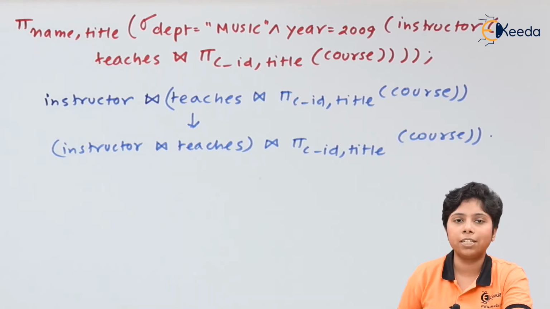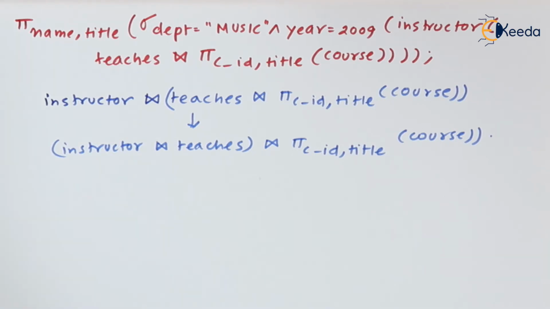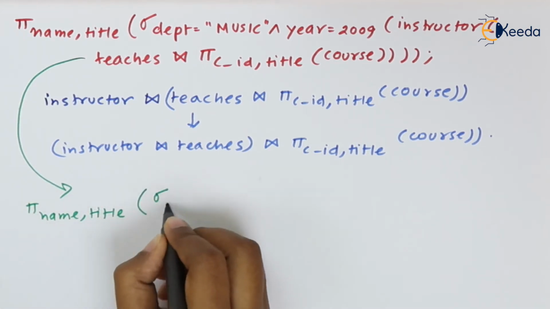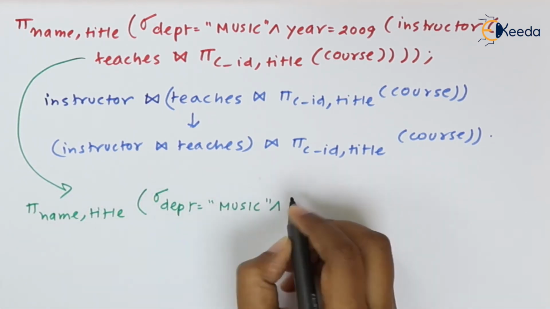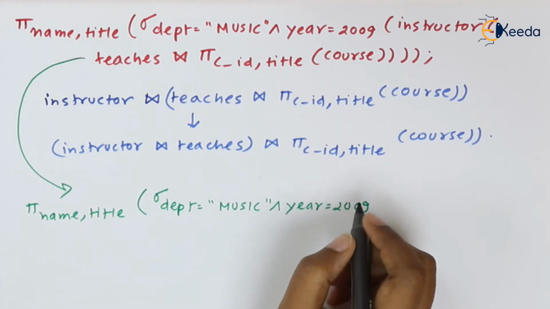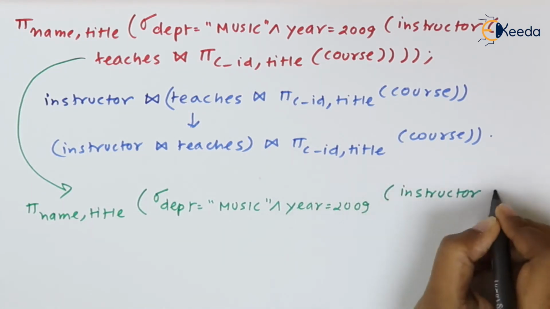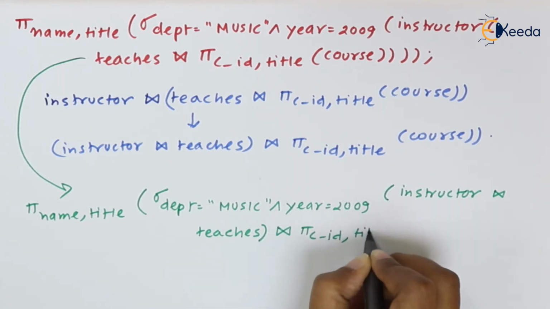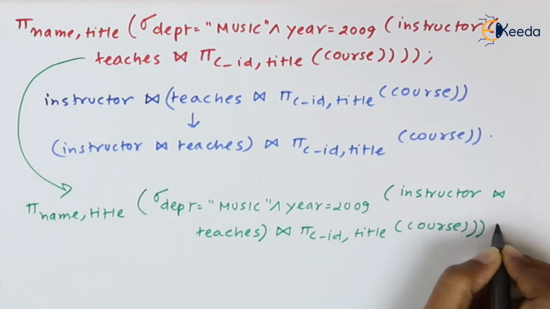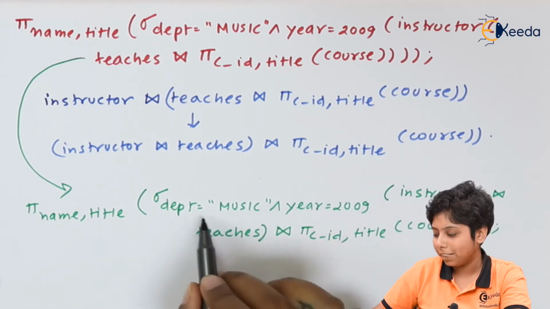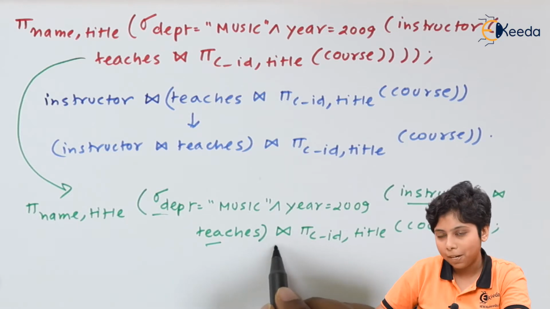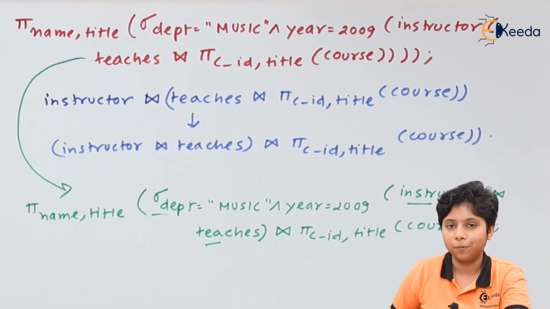So now our resulting query on the transformed relational expression will be as follows. Here I have made this selection on the joining instructor and teachers and then made the join on the projection of course.